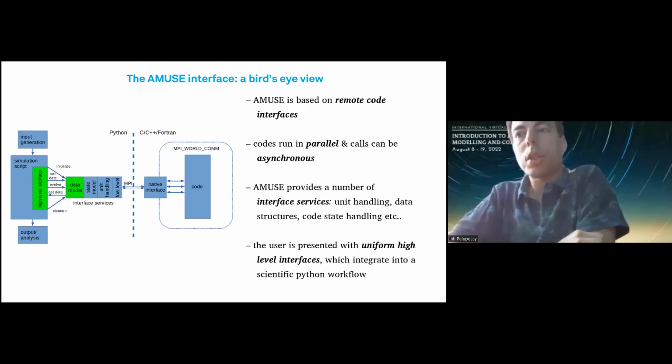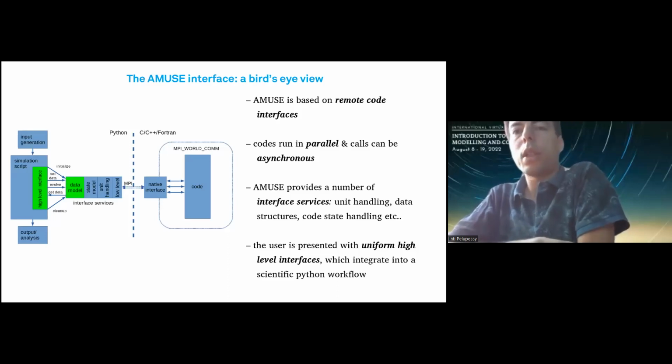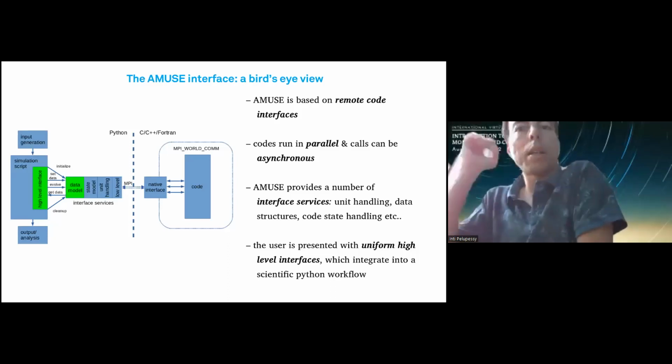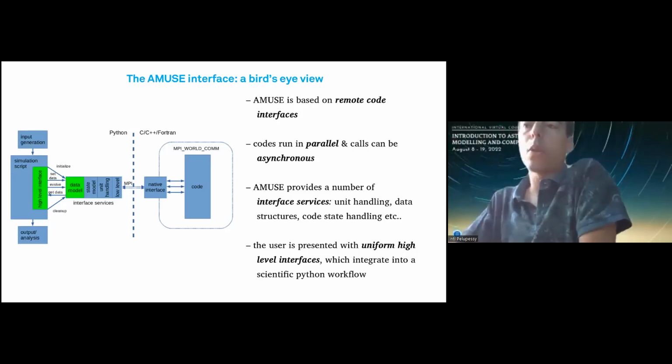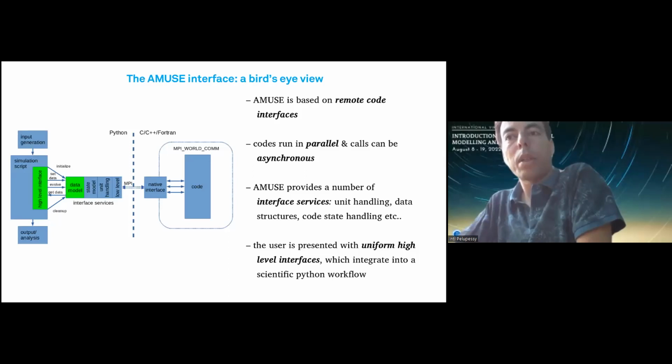And Amuse provides a number of what we call interface services: the handling and the conversion of units, abstraction on the data structures in the model, the code state handling. So all these things are specified once in the development of the interface to a code, and once that is done, then the interface to a code becomes very uniform for different codes of the same type.